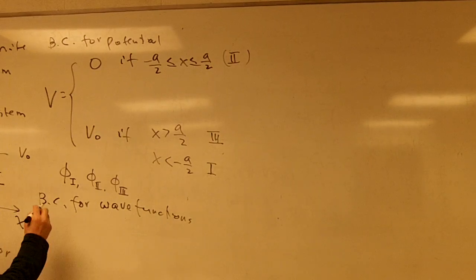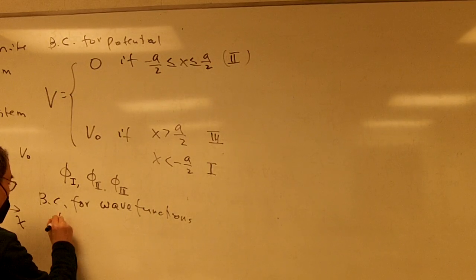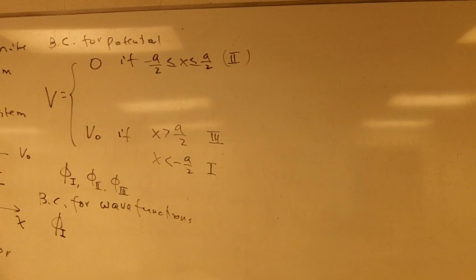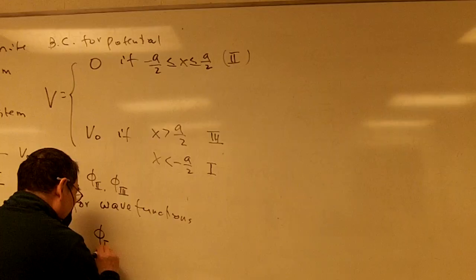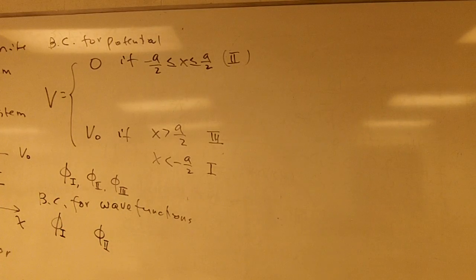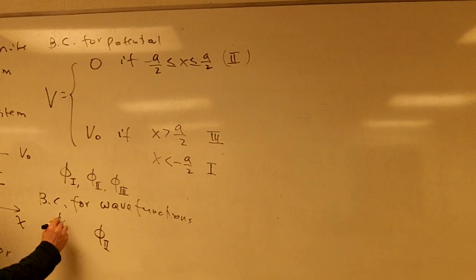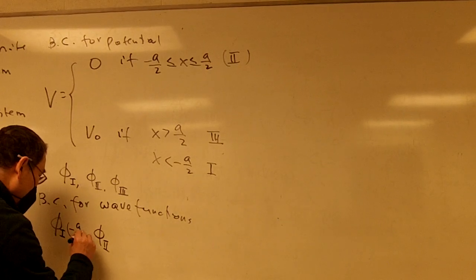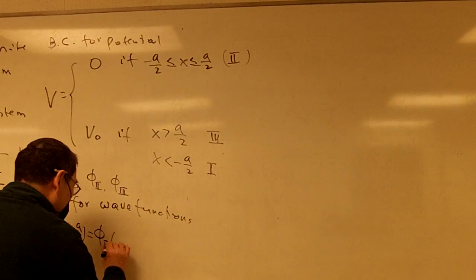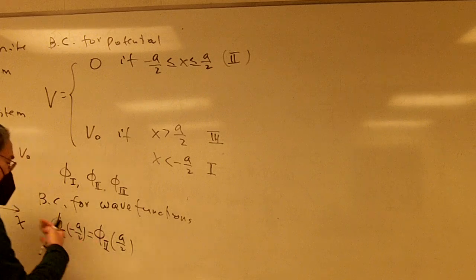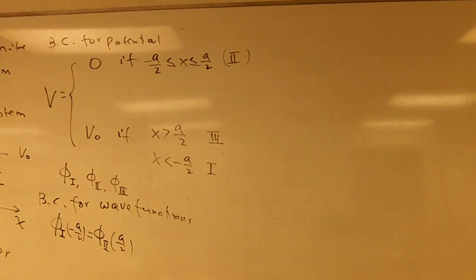The boundary means that phi 1 on the left and phi 2 on the right must match. What do I mean by must match? When x equals negative a over 2, these two wave functions must be exactly the same.